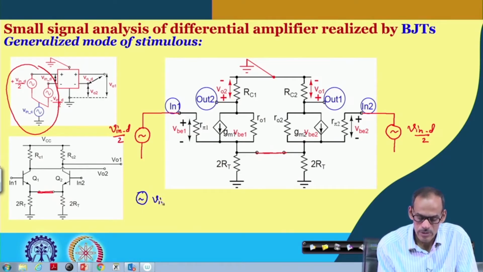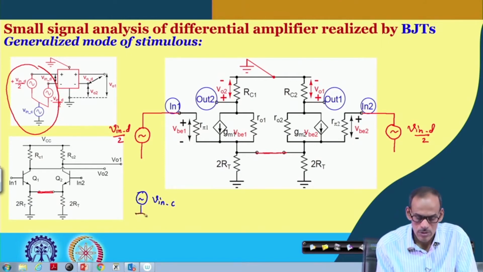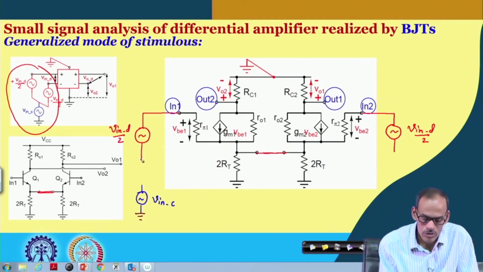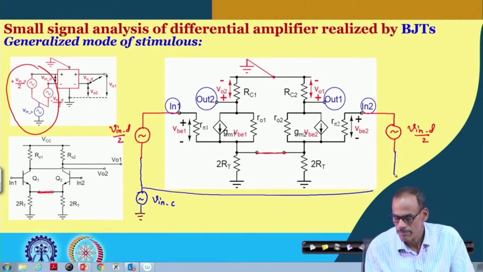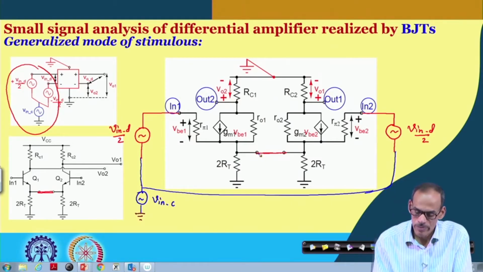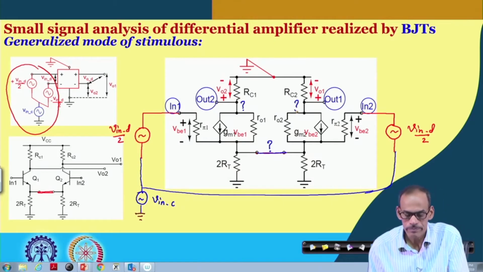So, V in C, which is going to both the inputs. So, it is going here as well as here. Now, let us see once we make this connection, then what may be the signal here, what may be the signal here, and what may be the signal here.